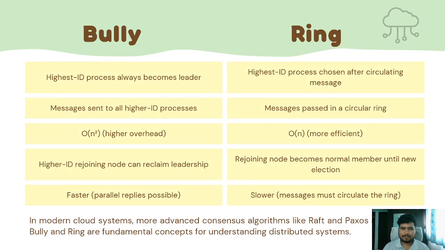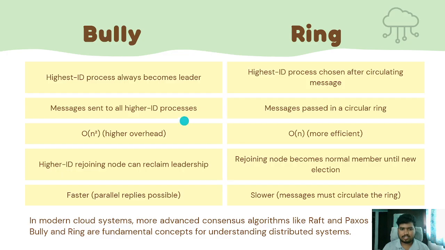Let's see a quick difference between these two algorithms. In the bully algorithm, always the highest ID process becomes the leader. In the ring election algorithm, the highest ID process is chosen after circulating the message. Here, the message is sent to all higher ID processes.